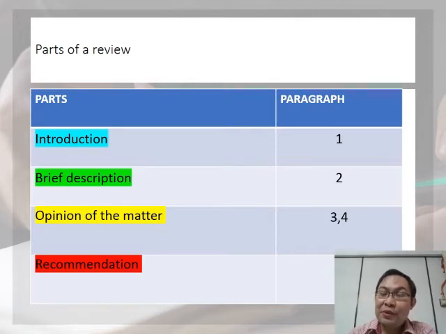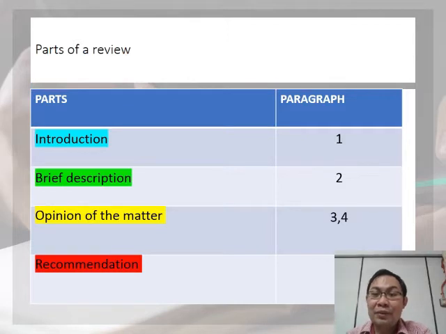A brief description means you give a clear description. The third part is an opinion. Opinion in BM we call it pendapat. And the fourth part is your recommendation. Recommendation means what you suggest, cadang.